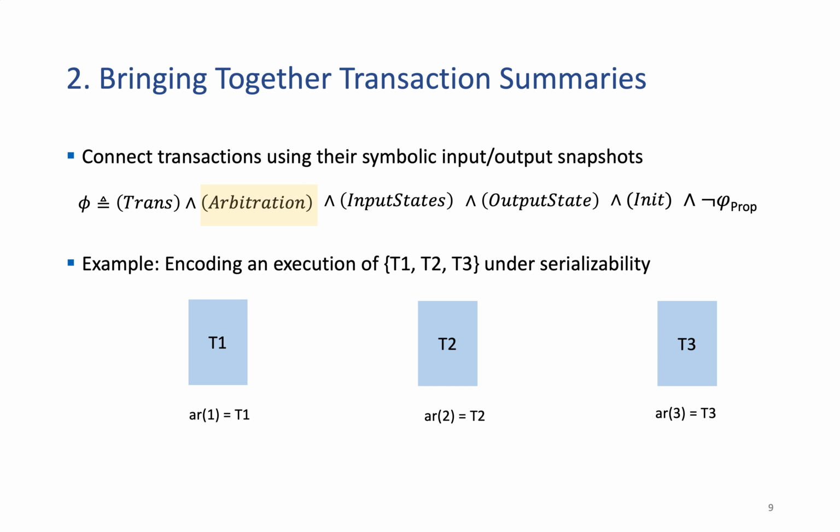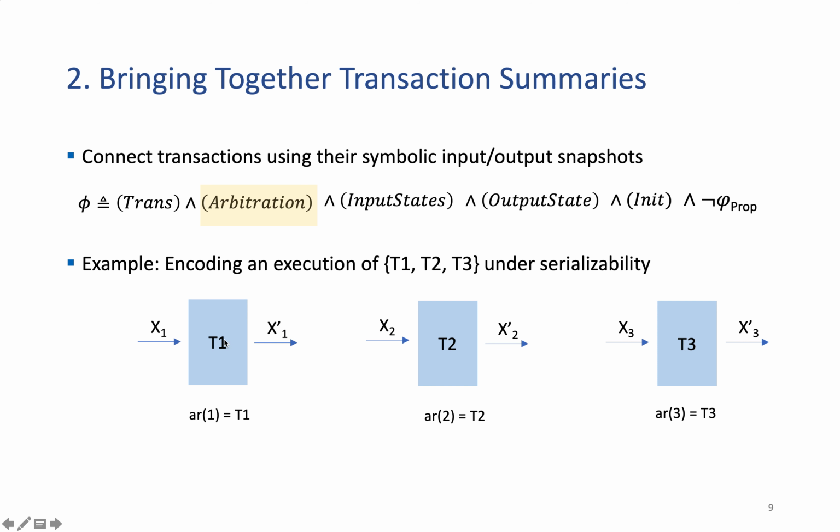Some systems use arbitration, which can be implemented with timestamps or something similar, and use this total order to resolve conflicting concurrent updates. So the transactions can run in any arbitration order. For this example, and for simplicity, we'll assume the arbitration of T1 is 1, T2 is 2, and T3 is 3.